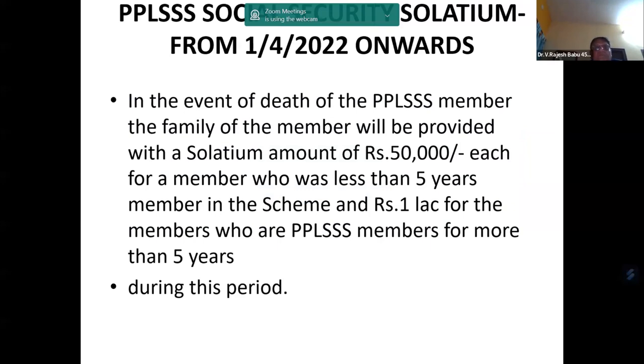The family of the member will be provided with a solatium of 50,000 for a member who was in the scheme for less than 5 years, and rupees 1 lakh for members who are PPLS members for more than 5 years. It is actually for the funeral fund, as they are telling.